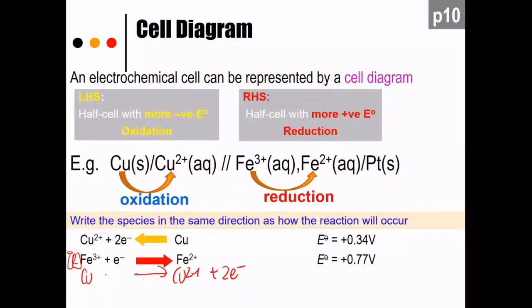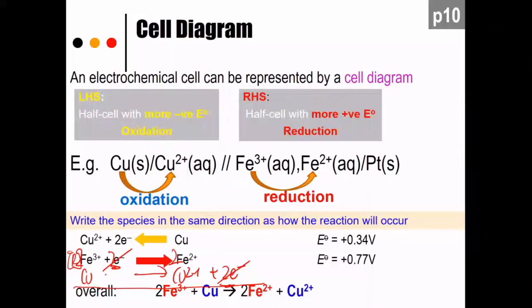When you write out the overall balanced equation, I need to ensure that the electrons are balanced. So recall, to balance the electrons, you will multiply the reduction reaction by 2. So it's 2Fe3 plus, 2 electrons, and 2Fe2 plus. When you combine them together, the electrons will be cancelled out, and it will give you this overall equation.